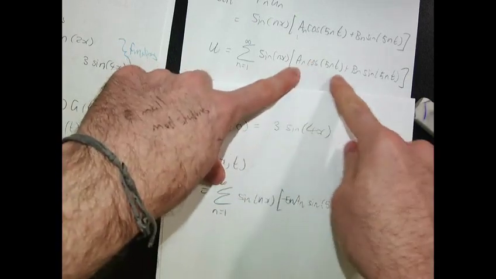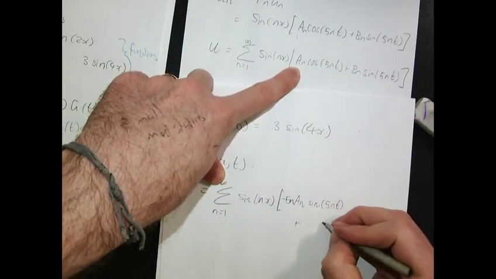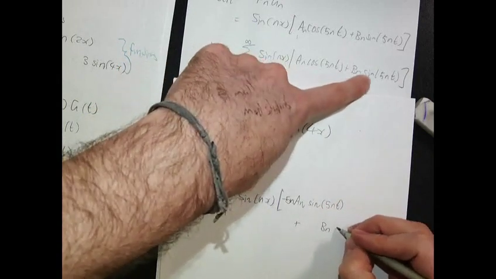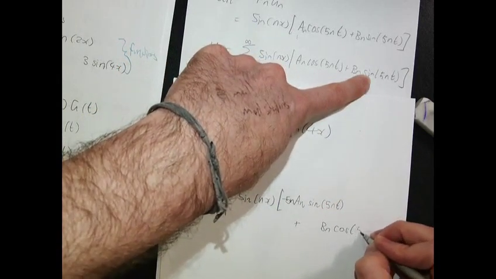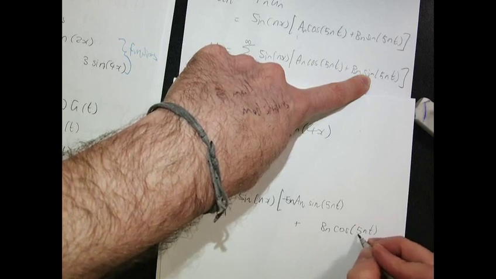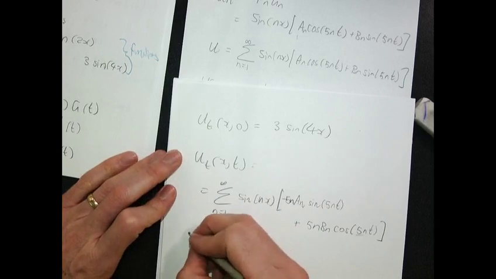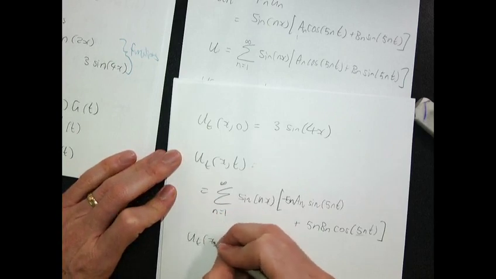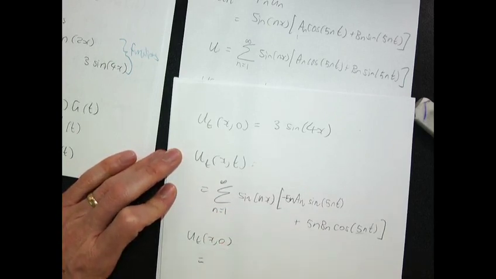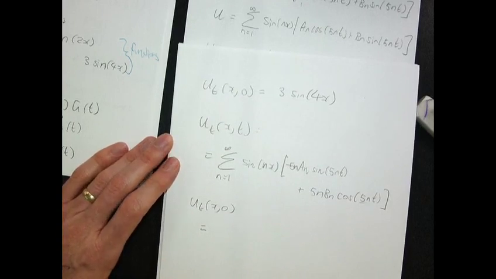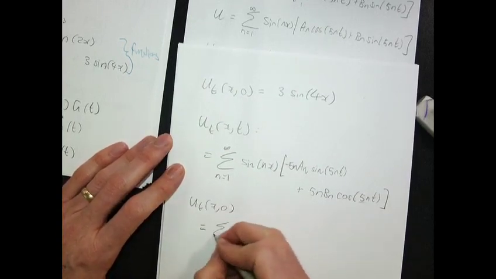So that's the derivative of that bit. And the bn will still be there, and the sine will differentiate to be a cos, and the 5n, because of the chain rule, will come out. And so that's my derivative of u with respect to t. And so then ut of x, 0 will be what I get when I put t equals 0 into that.